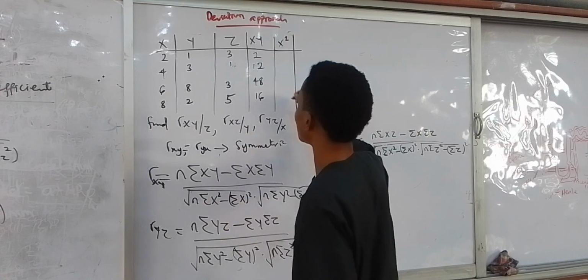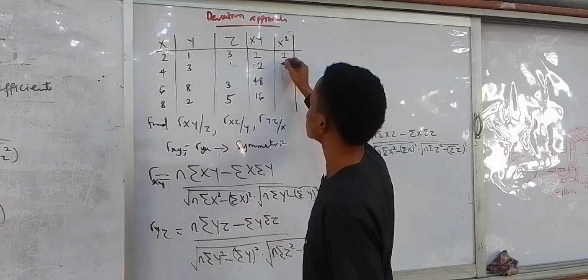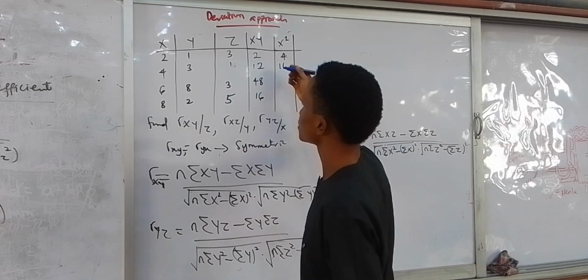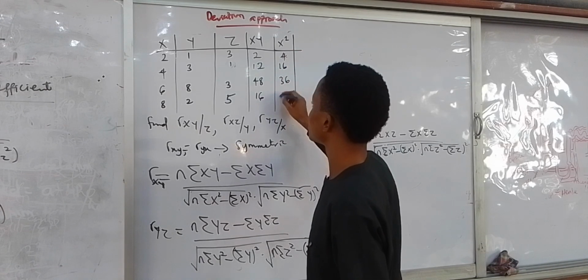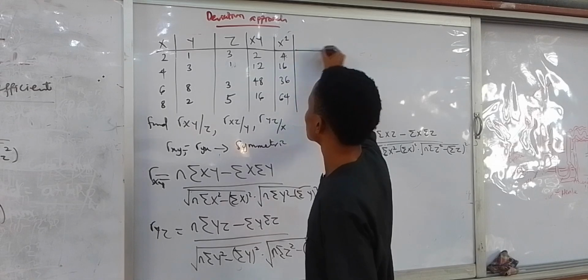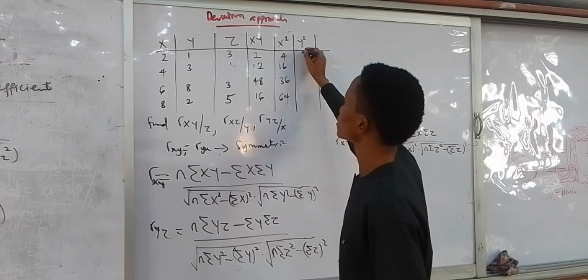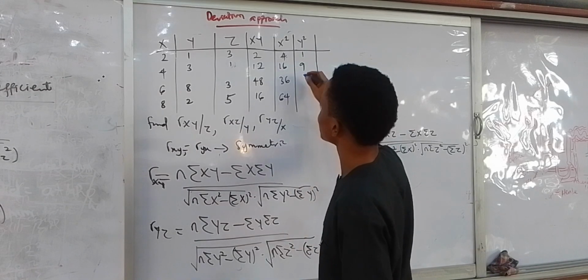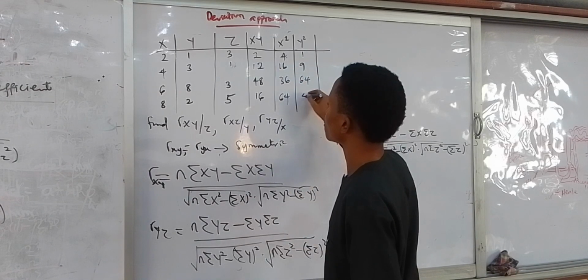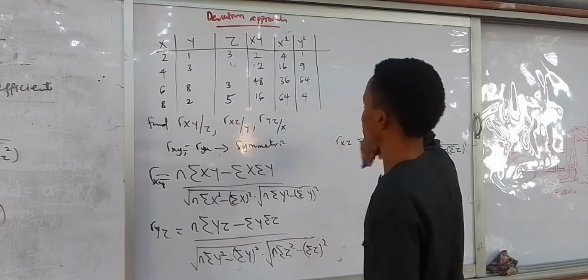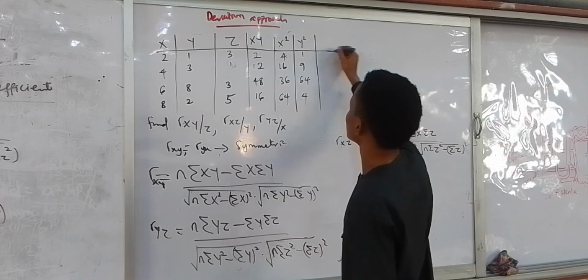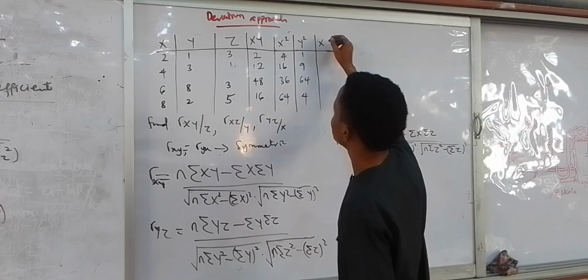We have 4, 16, 36, 64. Then y raised to 2: 1, 9, 64, 4.